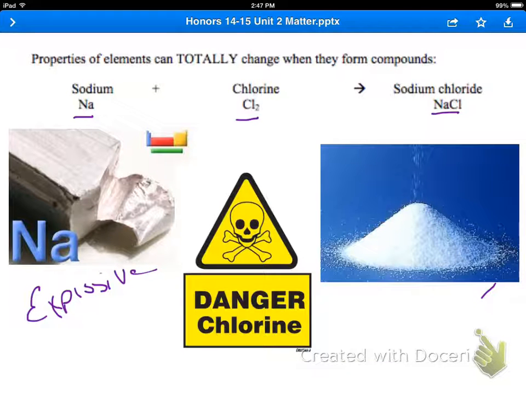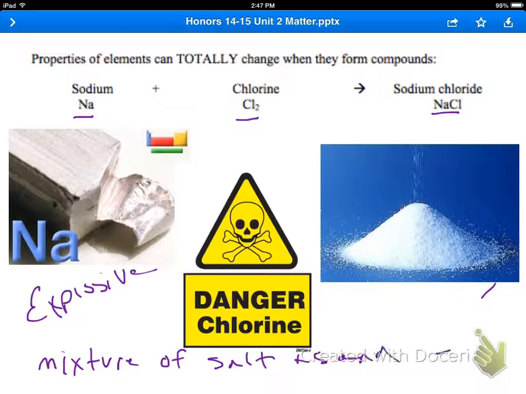And if we were to combine them chemically, we end up with sodium chloride, which we go ahead and eat. Okay, so the properties of the sodium and the chlorine do not get retained, and I end up with something completely different, as opposed to a mixture.